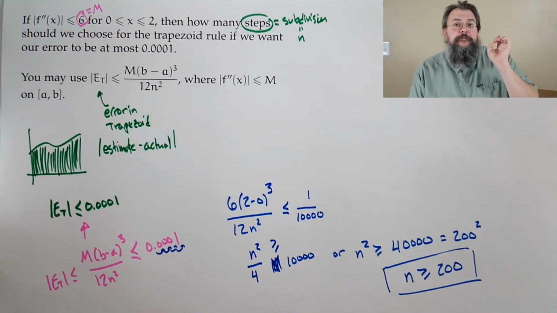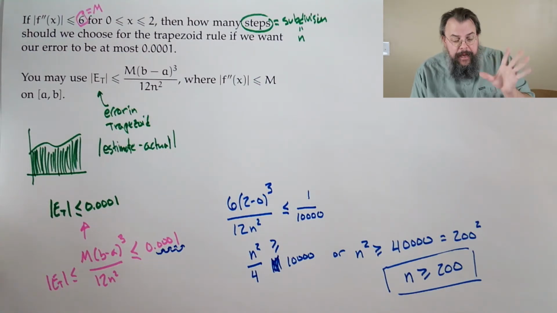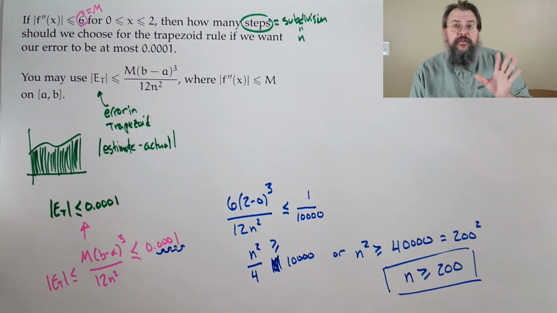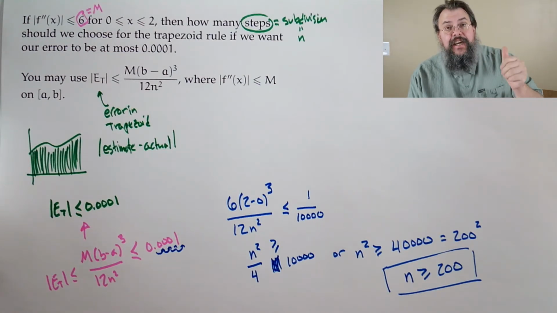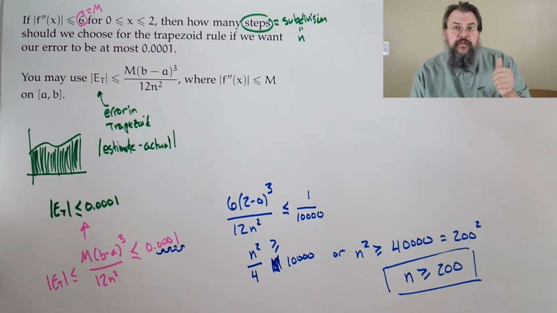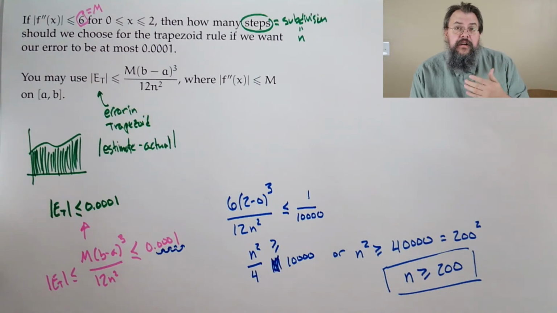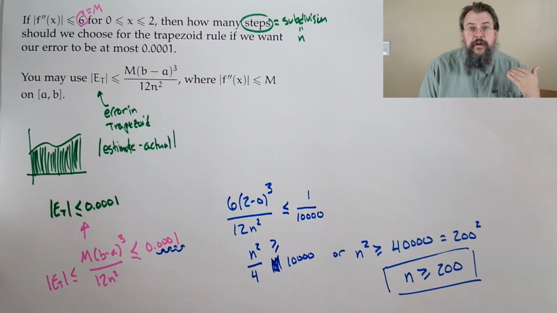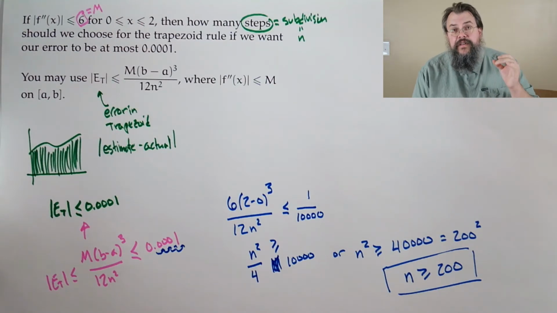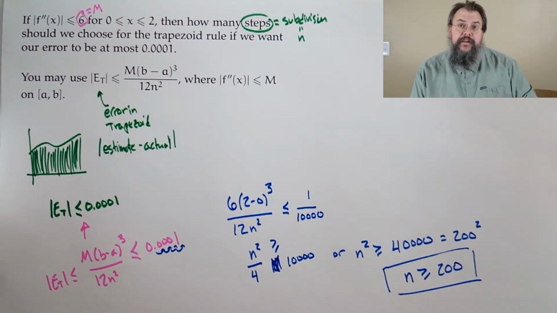What it says is definitively, absolutely, if you take the interval from 0 to 2 and subdivide it into 200 pieces, you're guaranteed that your error is at most 0.0001. It's possible that because of the shape of your function, you might have a smaller error sooner, but the error analysis that we are applying does not guarantee it.